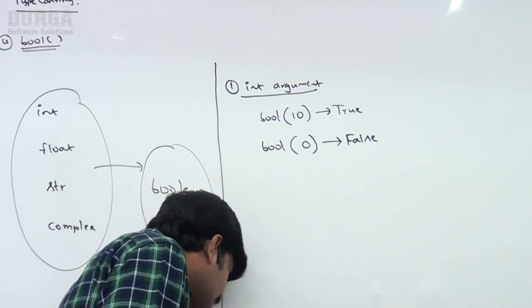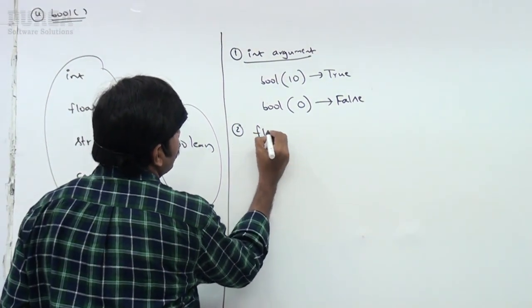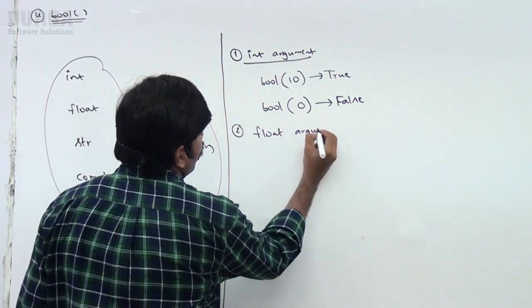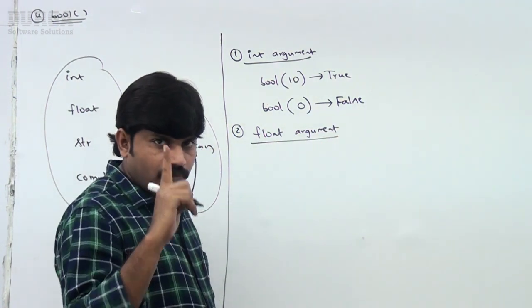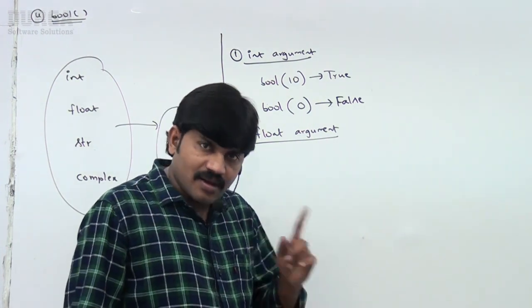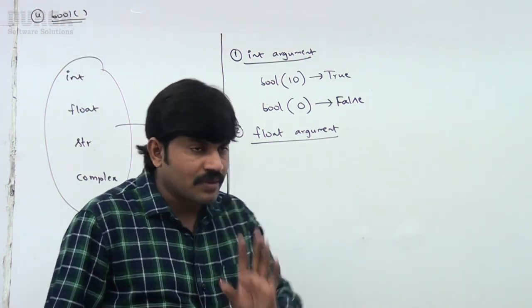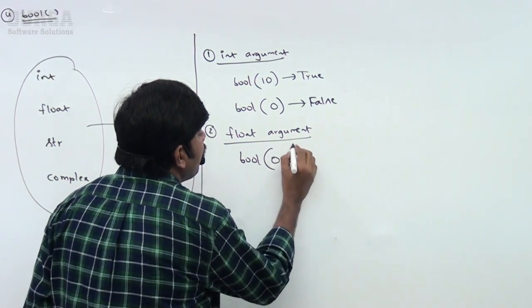Well, sir, in the same way, if I pass a float argument, the rule is always the same. If the float value is 0, it is treated as False, non-zero is treated as True. I'm taking bool of 0.0.